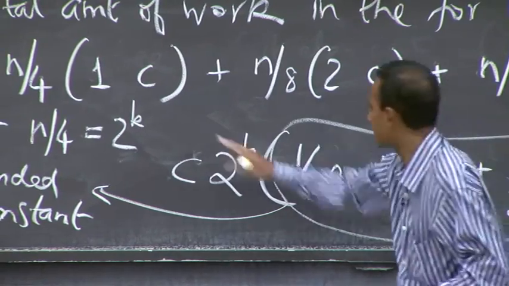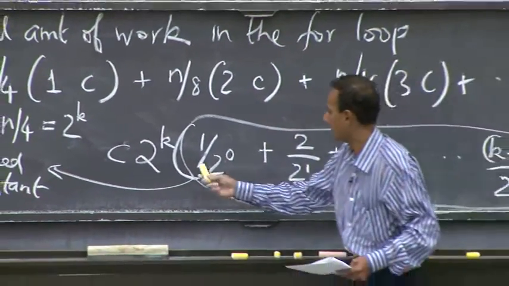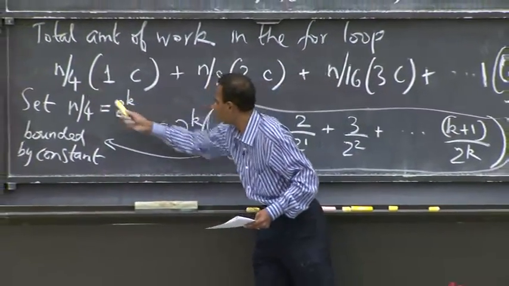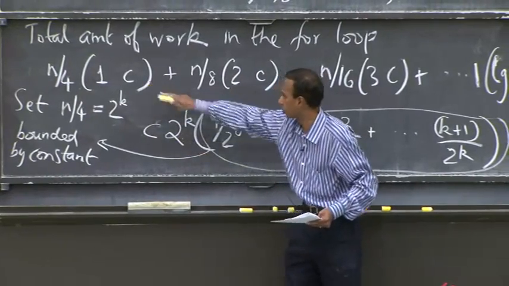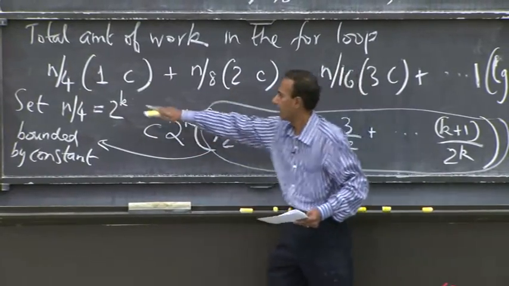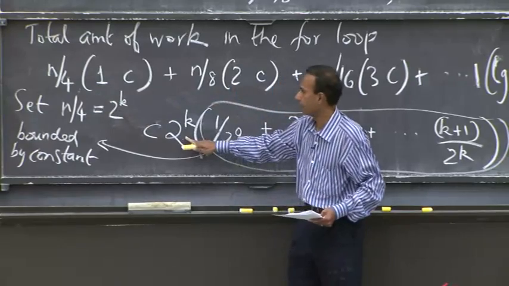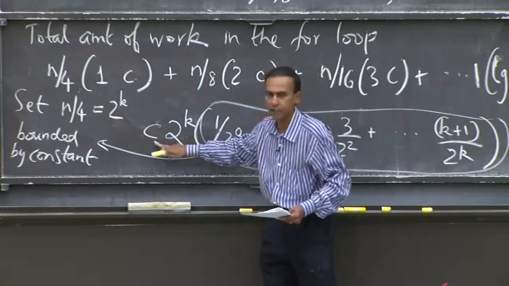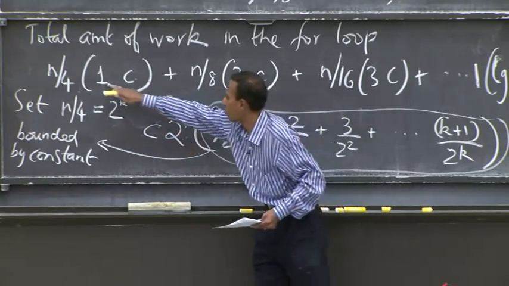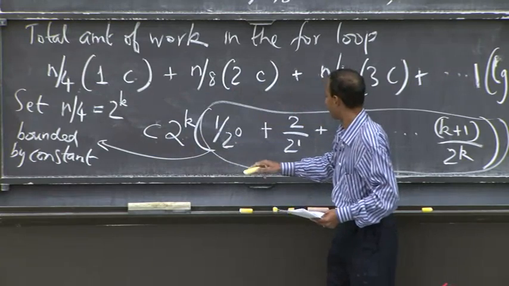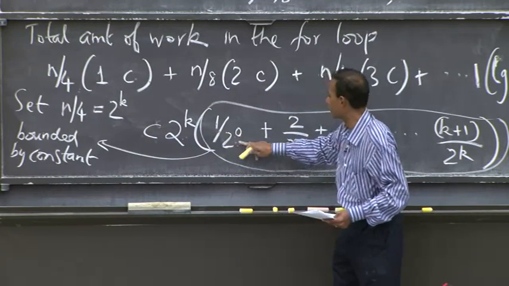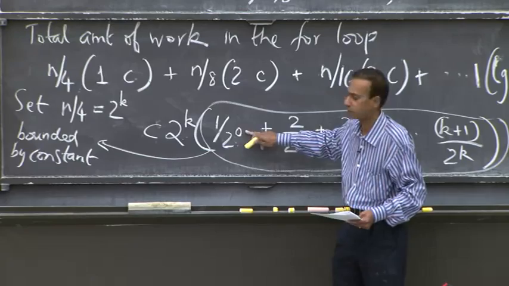Let me try and convince you of that. Let's take a look at each of the terms. n by 4 is 2 raised to k. I'm just looking at this term and this term. n by 4 is 2 raised to k. c is c. And I just wrote 1 as 1 divided by 2 raised to 0, which is 1.